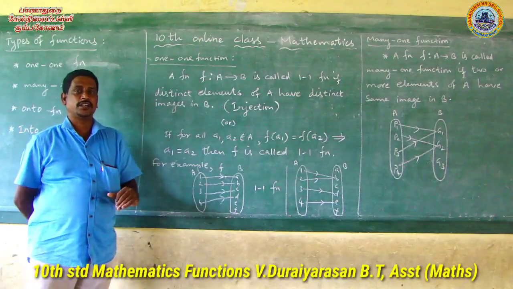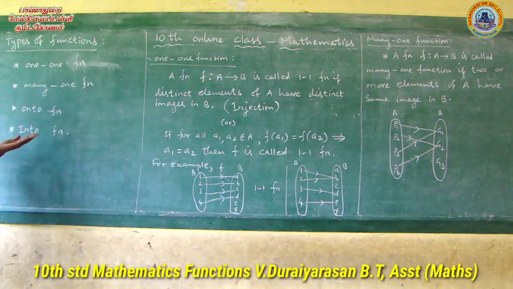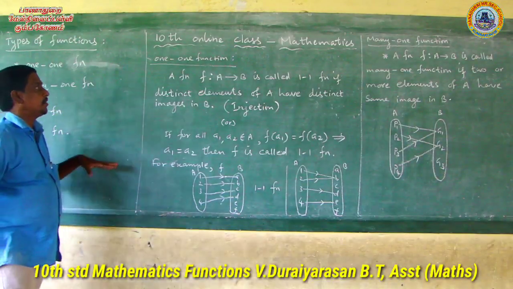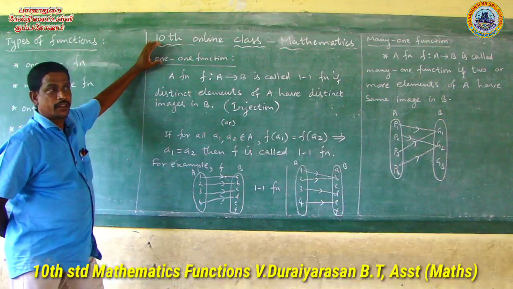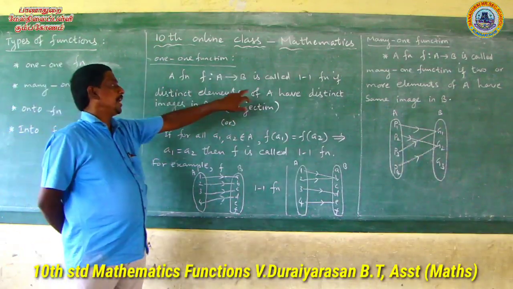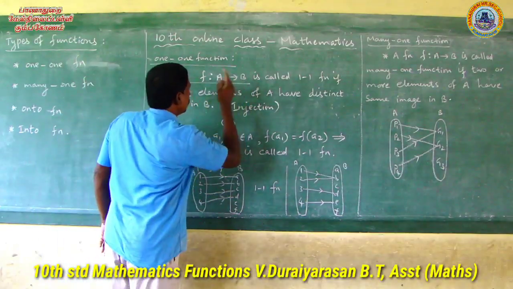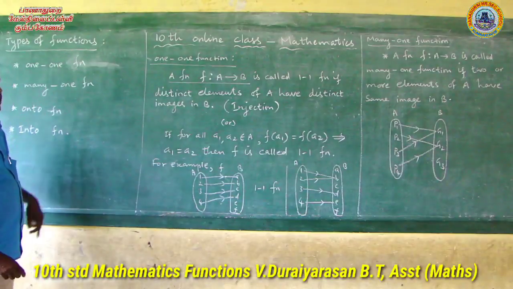What type of function? One-to-one function, or many-to-one function, or onto function, or into function. What do you mean by one-to-one function? What is the definition? A function f from A to B. What is a function f from A to B?